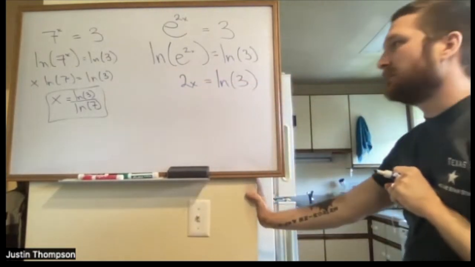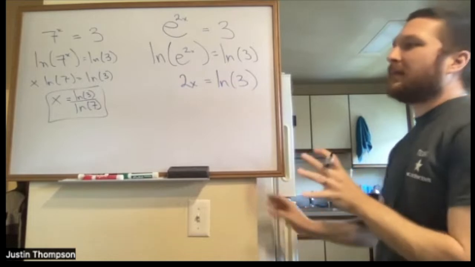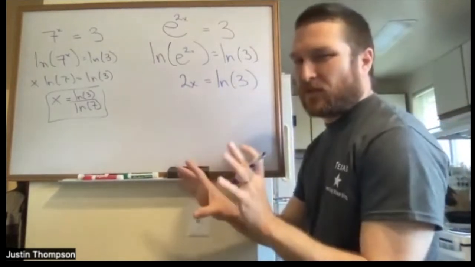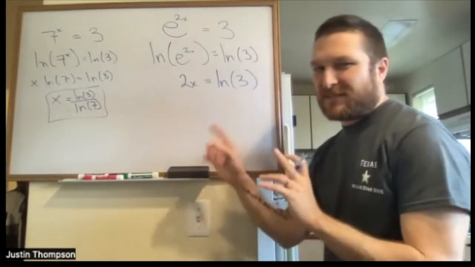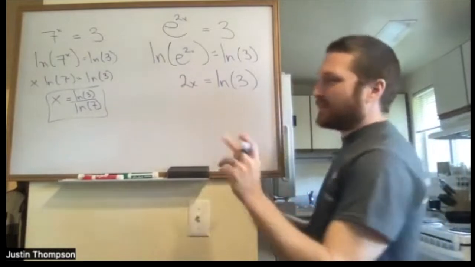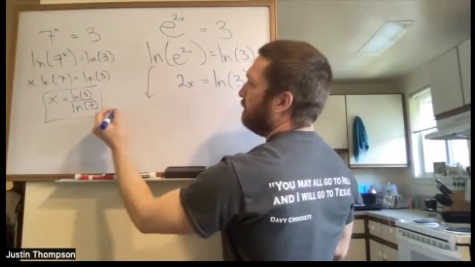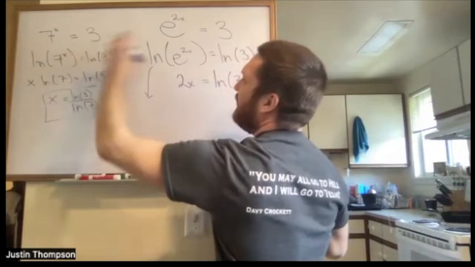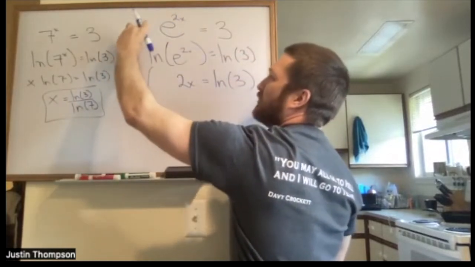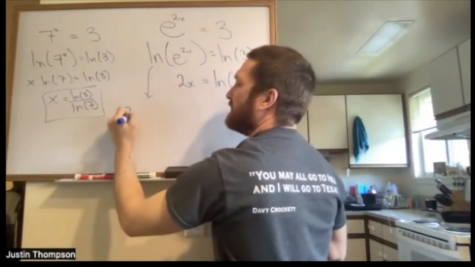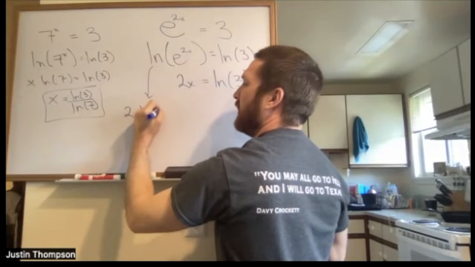Now, real quick, this is just an aside. I just want you to watch this. This is the same thing as doing this. If I had this right here and said, by analogy over here, whatever's in the numerator drops out, I could just say that's the same thing as 2x natural log of e.